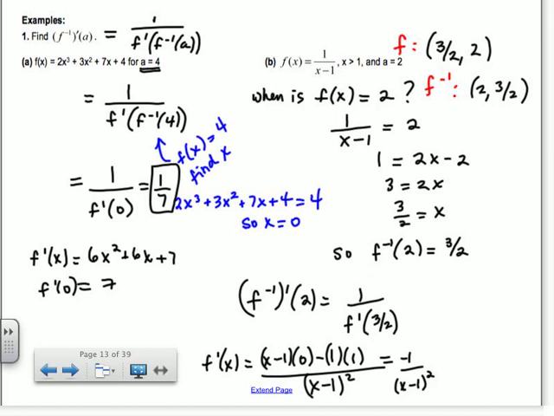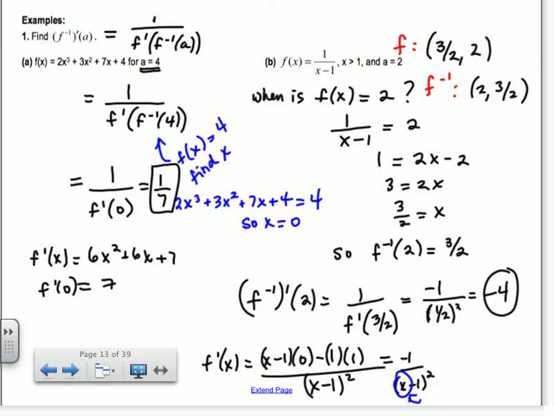So if I'm doing f prime of 3 over 2, I plug in 3 over 2 for x and get 1/2, and I'm squaring it. I'm going to have -1 over 1/2 squared, which is -1 over 1/4, which is what? -4, right?